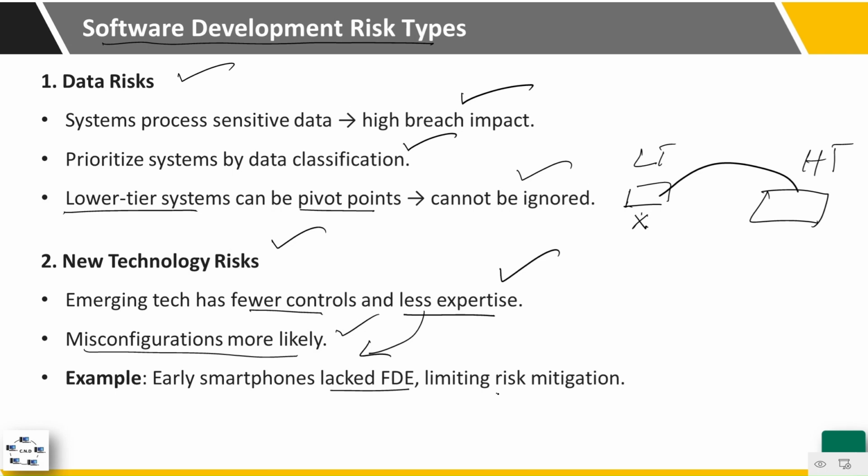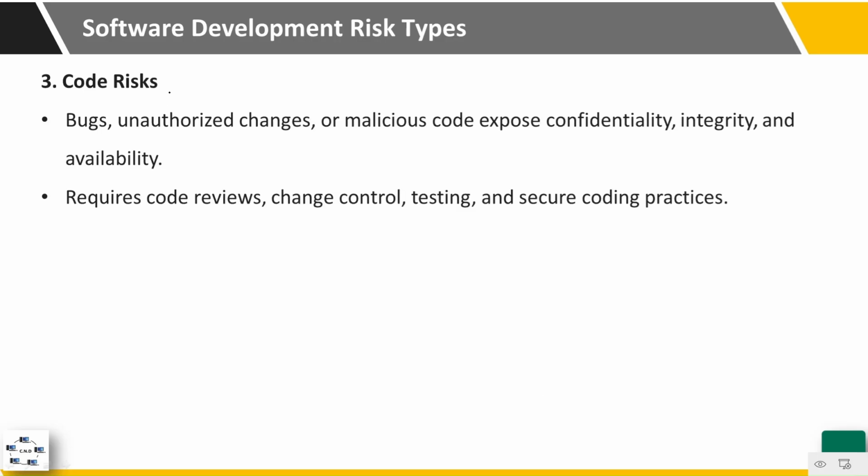Therefore, the risk mitigation for a lost or stolen mobile set's data confidentiality was limited. Third is the code risk. Bugs, unauthorized changes, or malicious code expose the confidentiality, integrity, and availability of the code. And this requires code review, change control, testing, and secure coding practices.